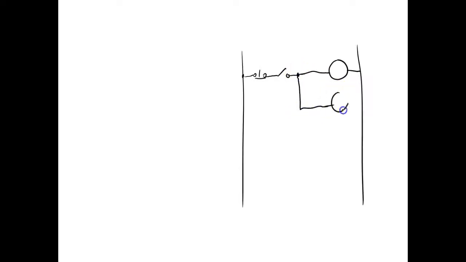Now, this would have been legal. Because we could call this, let's just call it CR for right now. We'll call that CR contact. And then what does this guy control down here? There's another light, right?